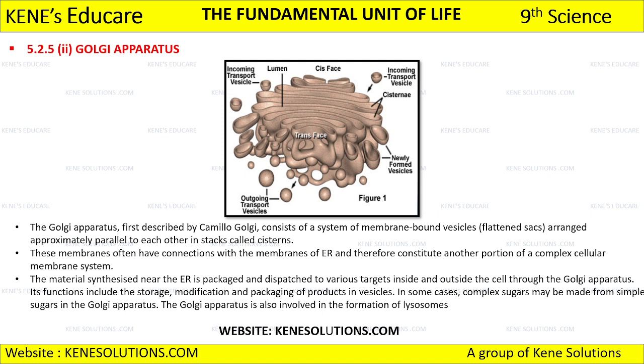The material synthesized near the endoplasmic reticulum is packed and dispatched to various targets inside and outside the cell through the Golgi apparatus. Whatever material is synthesized near the endoplasmic reticulum is packed, and after packing it is dispatched to different targets inside and outside the cell with the help of the Golgi apparatus.